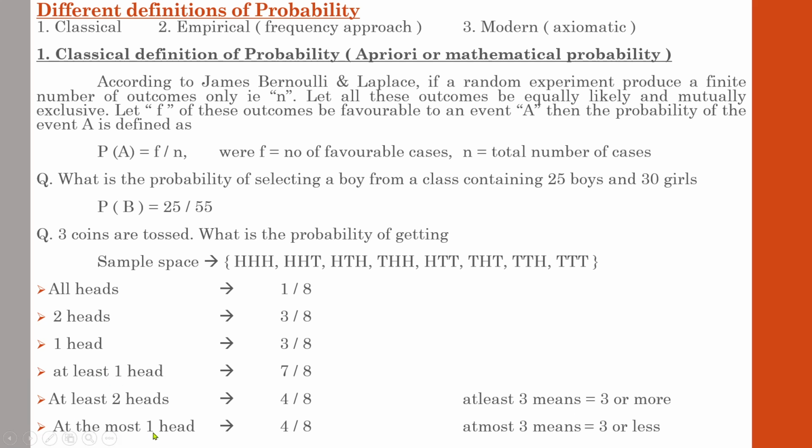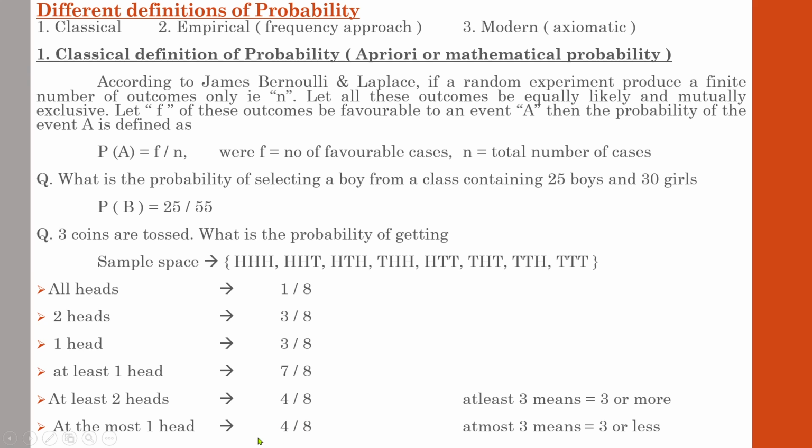So see what are the cases in which there is one head, here also one head, here also one head. At most one means 1 or less than 1. Less than 1 means 0. So the event where no head comes, there is only one such event. So 1, 2, 3, 4. So the probability of at most one head is 4 by 8.